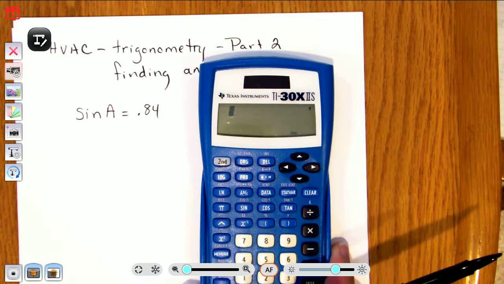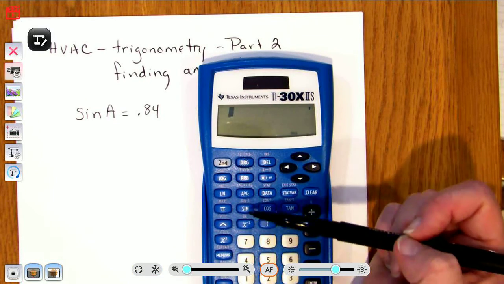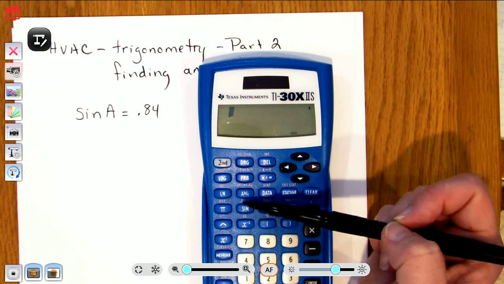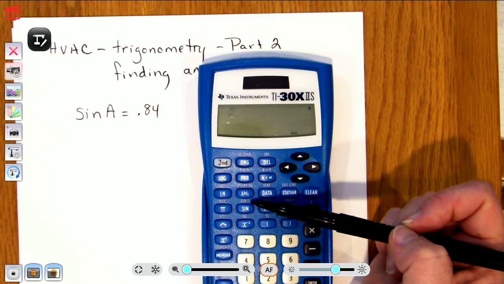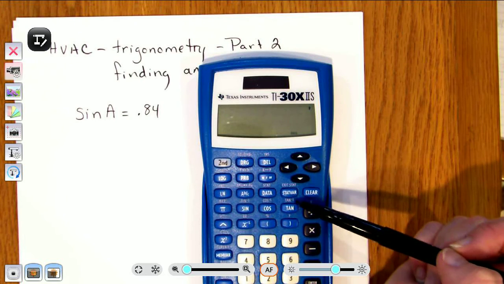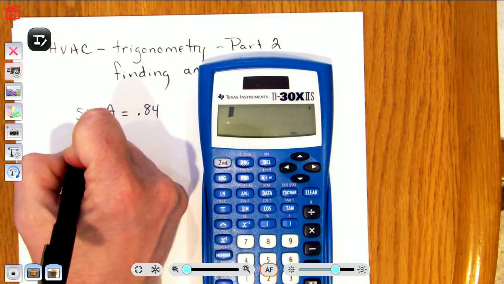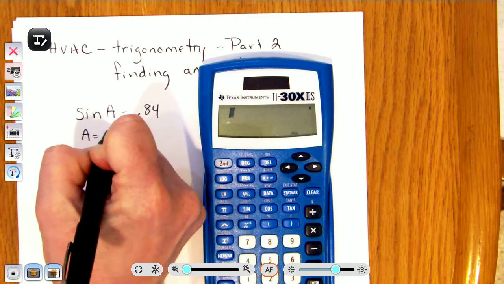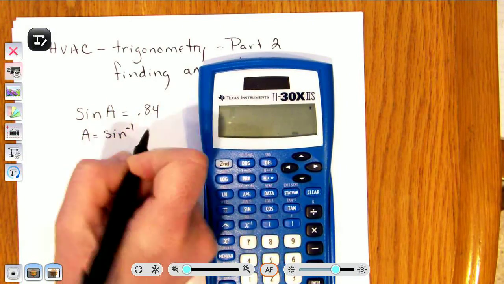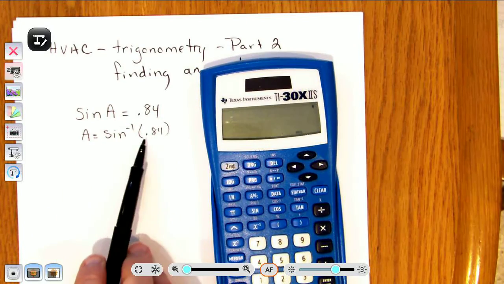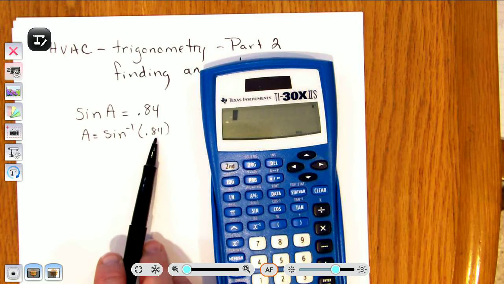So to do that, we're going to be using these second functions, which are found above like the sine. So that inverse sine, they're called an inverse function, an inverse cosine, and an inverse tangent. Basically what it does is it undoes this sine function. So if I want to find A, I'm going to do the inverse sine, or get the angle of that thing.